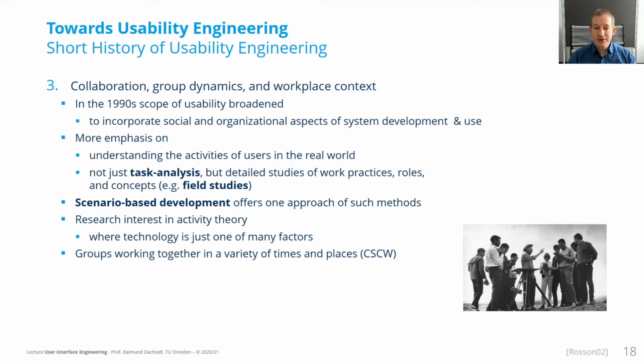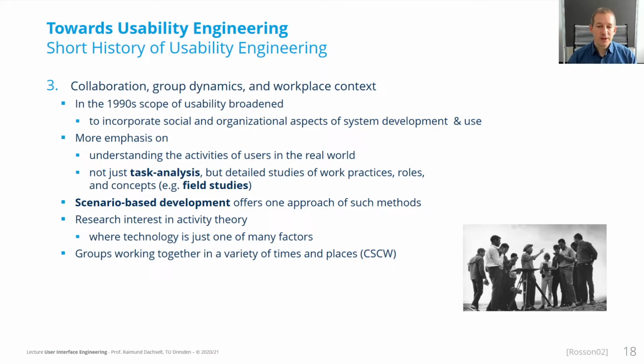And there was also a research interest in activity theory, where technology is just one of many factors helping people to accomplish a certain activity in a given context. And of course later on it was also thought about how people work together by means of computers, either mediated by computer or using computers, maybe also in a distributed fashion.